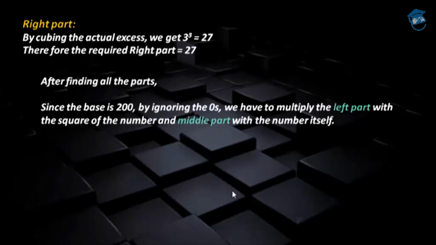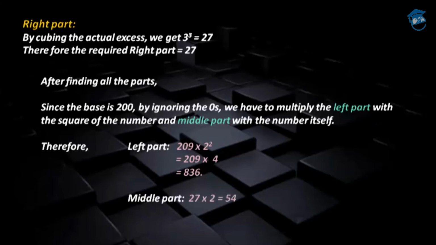Now we multiply the left part with the square of the number 2 and the middle part with the number itself, that is 2. So the left part is 209 into 2 square, which is 209 into 4, and that equals 836. And for the middle part, 27 into 2 equals 54.